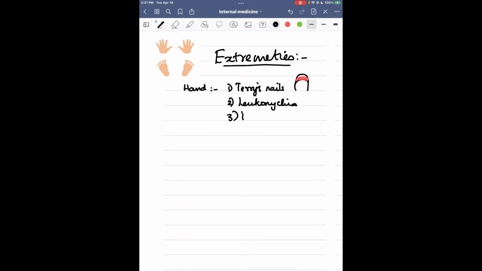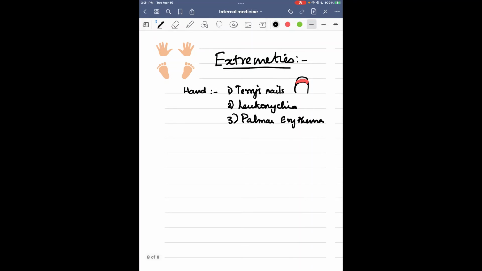And then there can be palmar erythema. What we need to remember here is that in palmar erythema, it is usually seen in the hypothenar eminence, but it can also be seen in the thenar eminence.